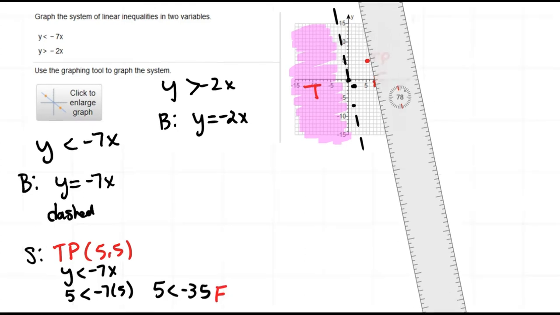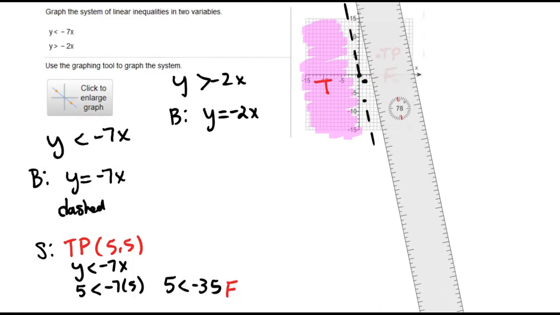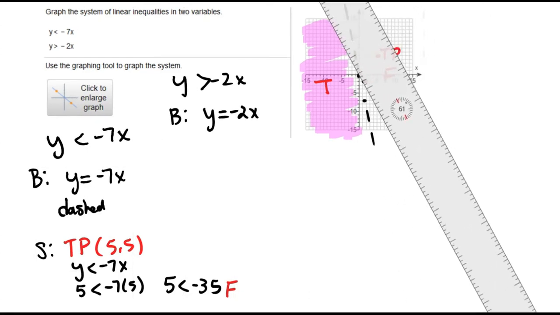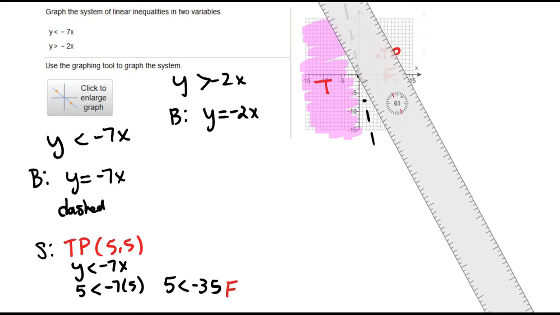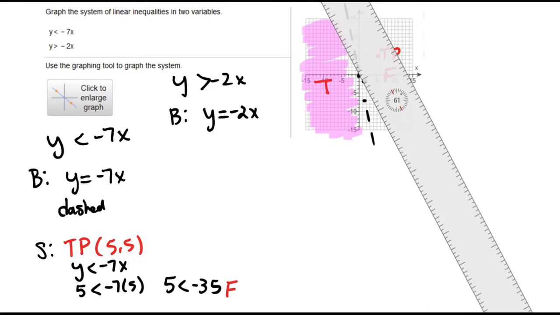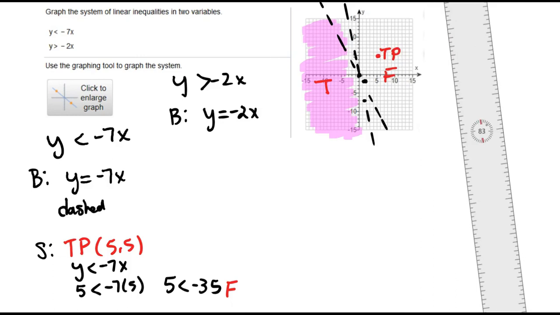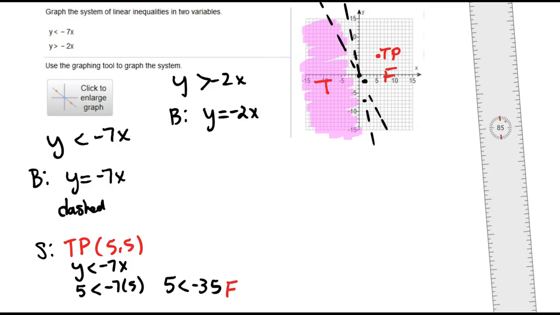Use my ruler to connect those two. And I'm also drawing a dashed line on this one because it doesn't have an equal to.